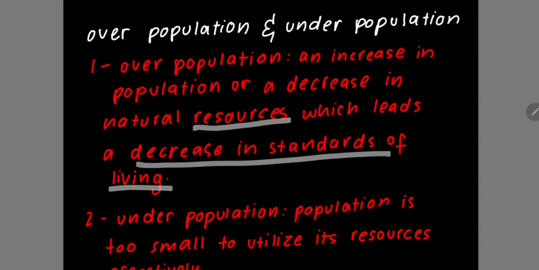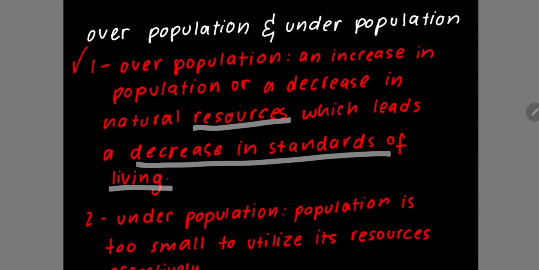For example, if there's around 1,500 people in a place that only has water for 500 people, then the living standards of the 1,000 who cannot afford the water or do not have access to the water decrease. So that's what overpopulation is.